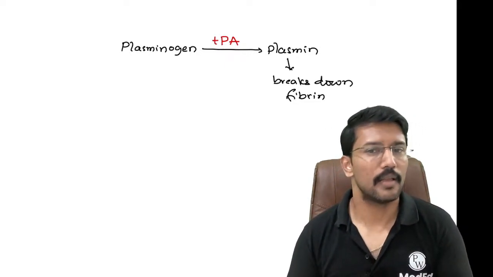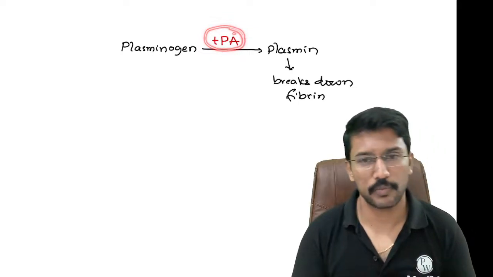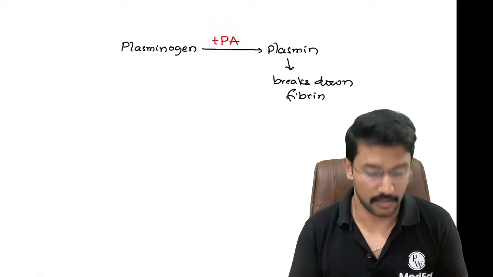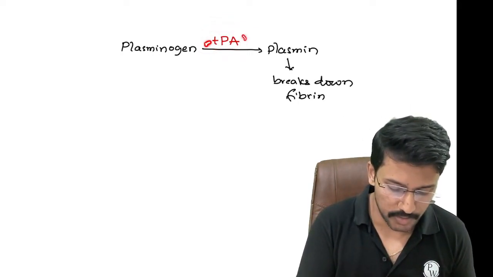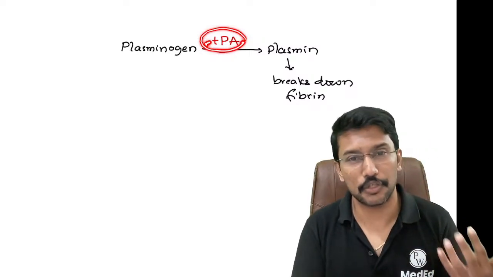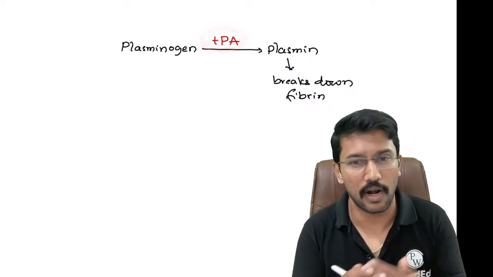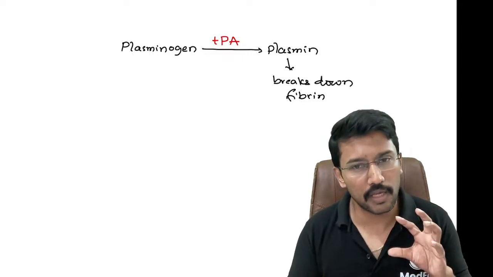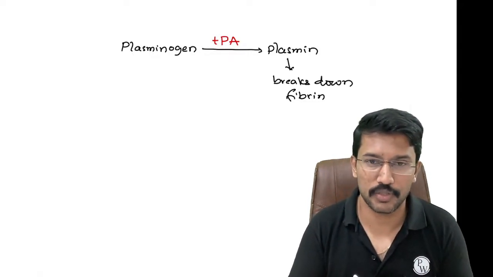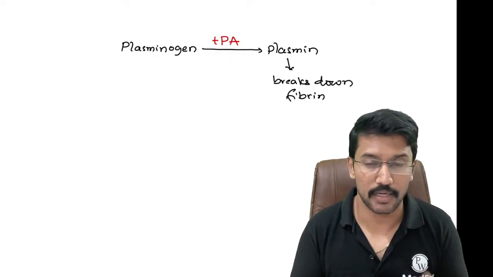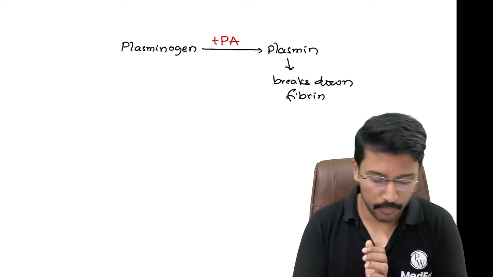What do they do? They basically behave like tissue plasminogen activator. We can use a drug which is genetically synthesized tissue plasminogen activator, called recombinant tissue plasminogen activator or RTPA, or drugs behaving the same way as tissue plasminogen activator like alteplase, reteplase, tenecteplase. They all behave like TPA.